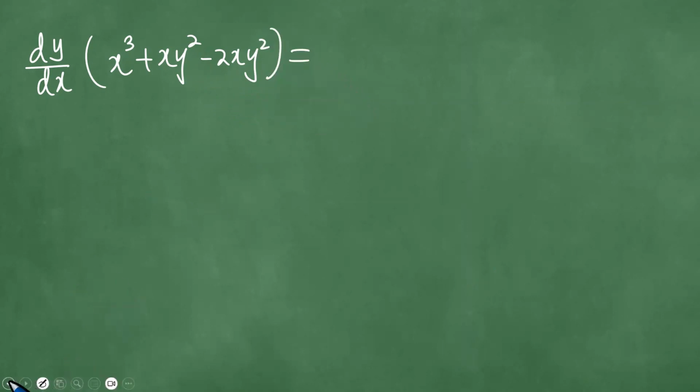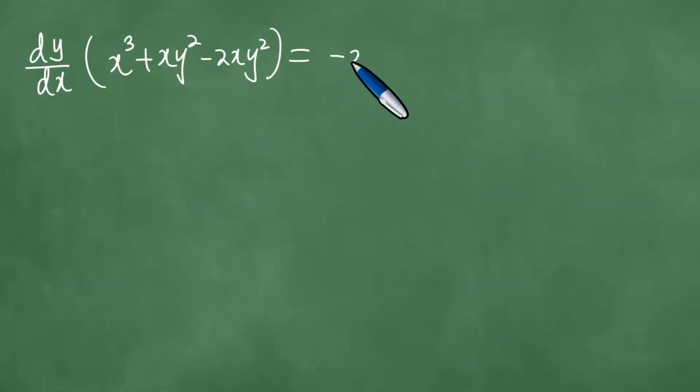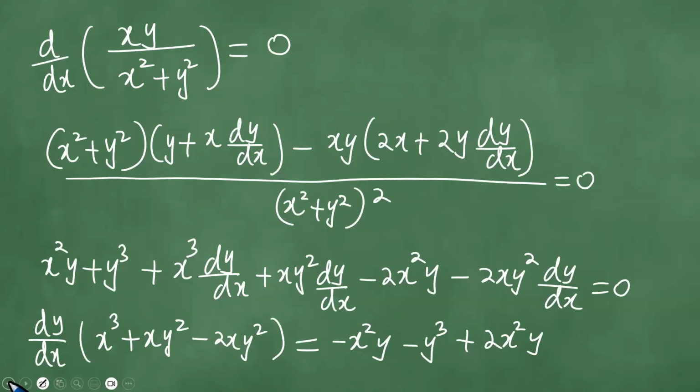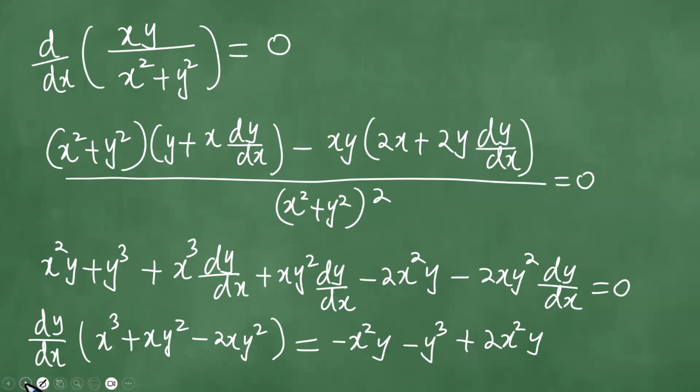We've already seen from the other side that you're going to have minus x squared y, minus y cubed, plus 2x squared y.